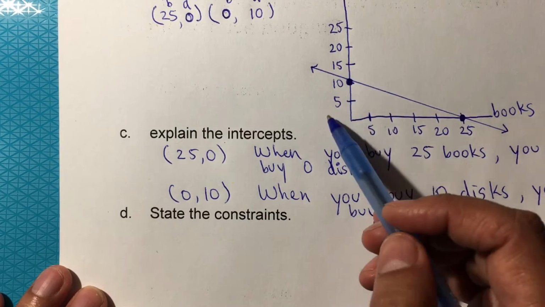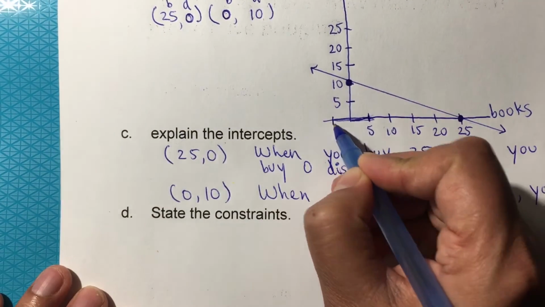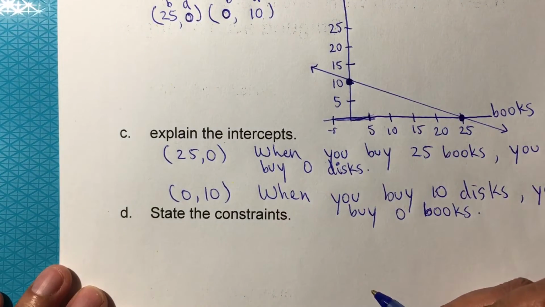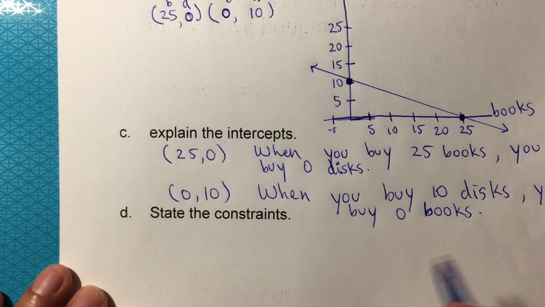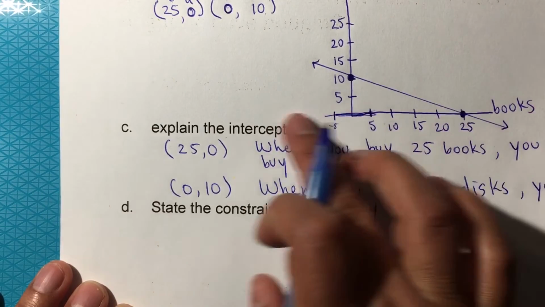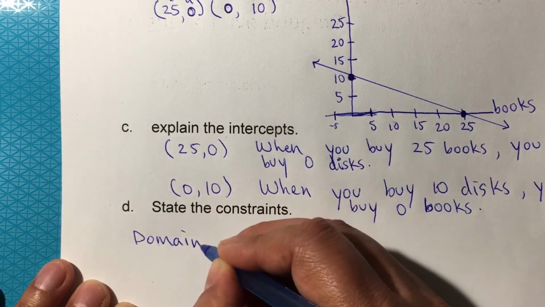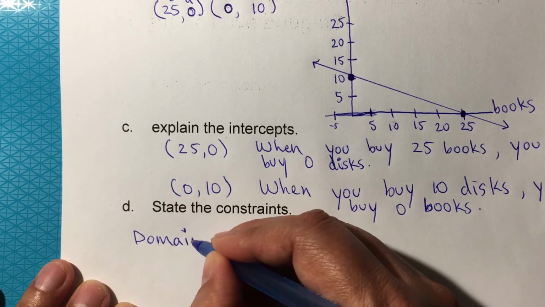However, since this represents books, can we have negative 5 books or negative 10 books? No, so that's when we talk about constraints. X is the domain. The values of x are my domain.